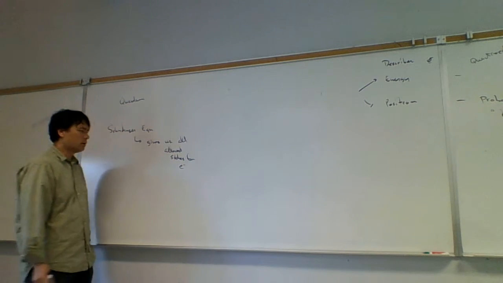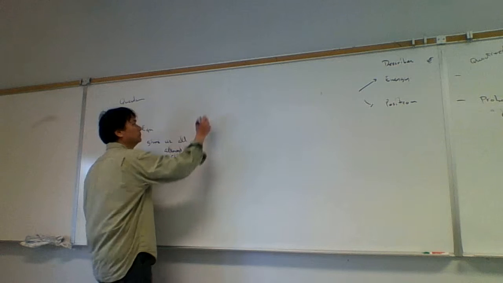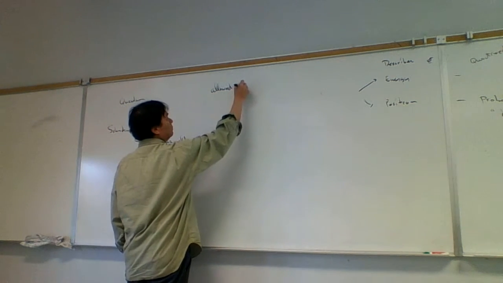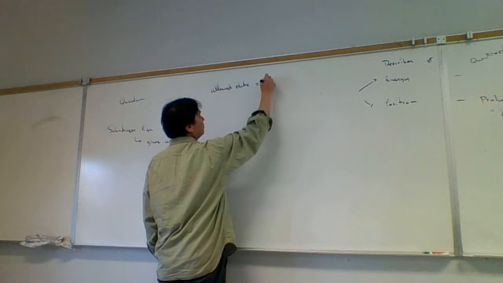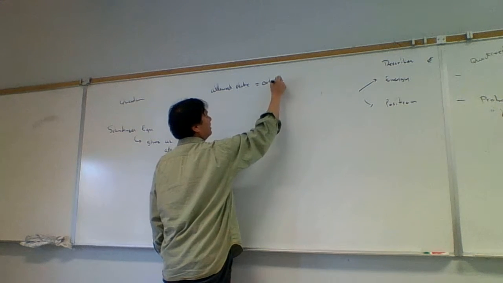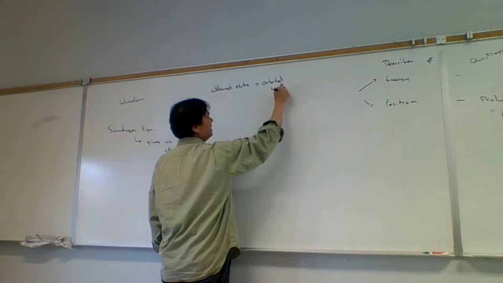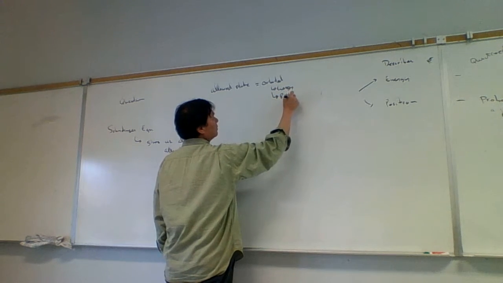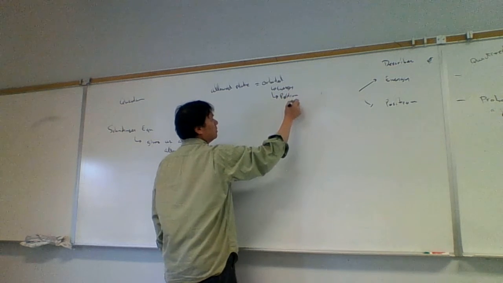Each allowed state is called an orbital. An orbital is going to tell us about its energy and its position. Positional probability.